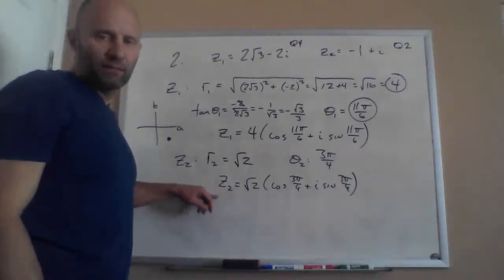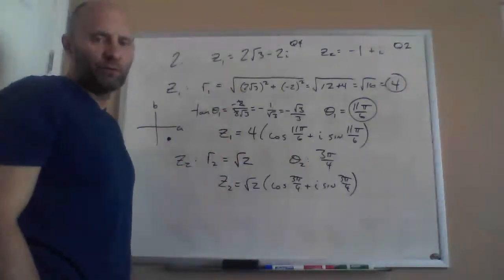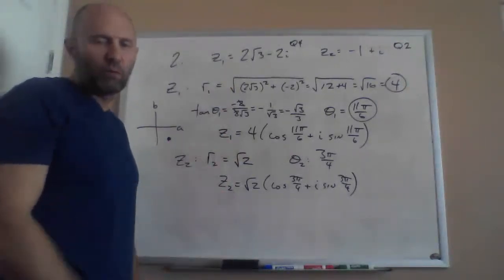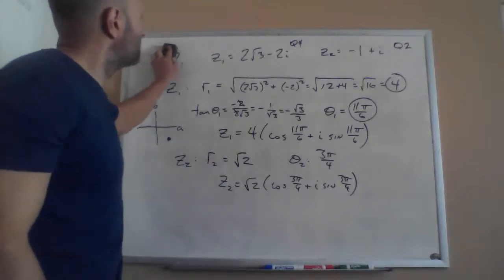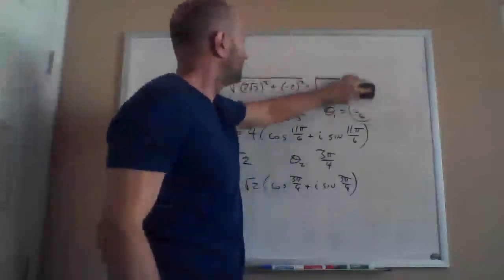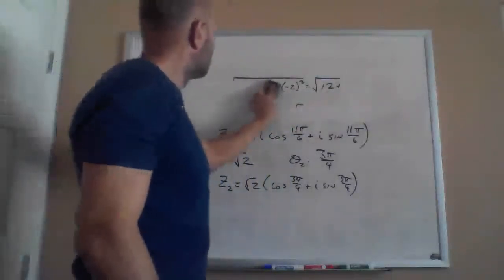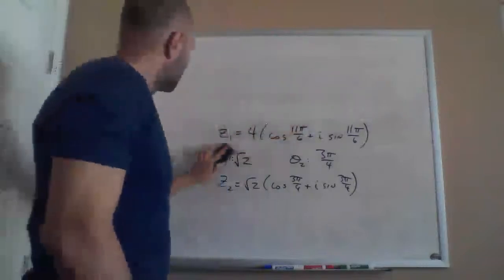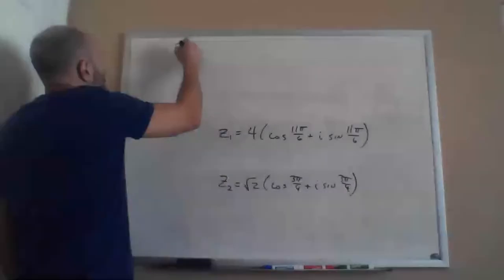So anybody not get this, have any questions on this? Otherwise, I'm going to erase most of this so we can do the product, the quotient, etc. Let me move these guys up.